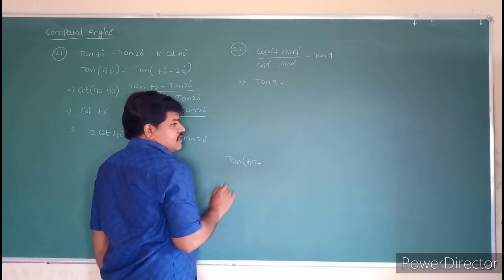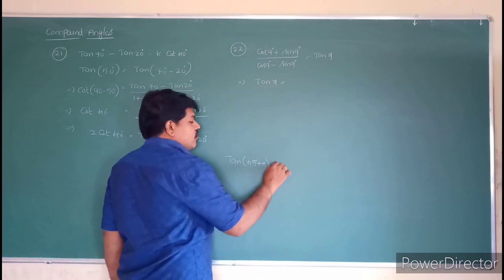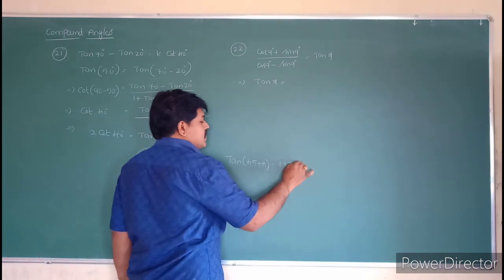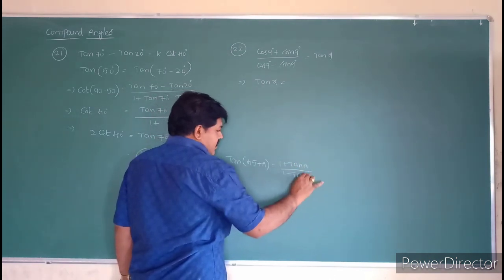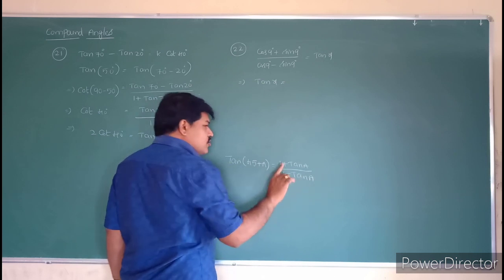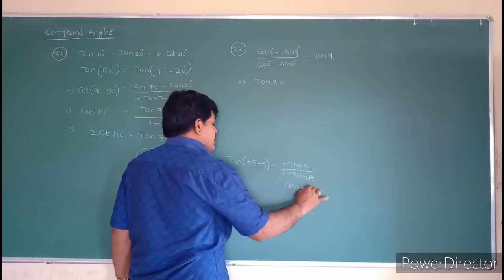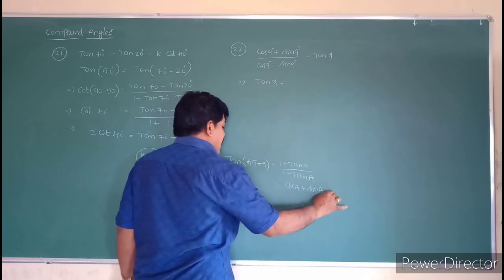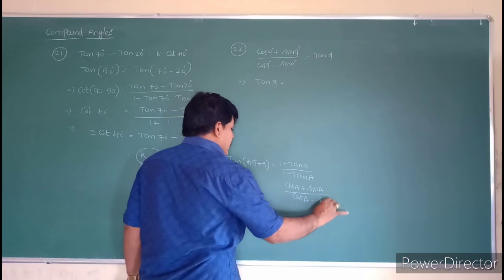Tan of 45 plus a is equal to 1 plus tan a by 1 minus tan a, and also cos a plus sin a by cos a minus sin a.